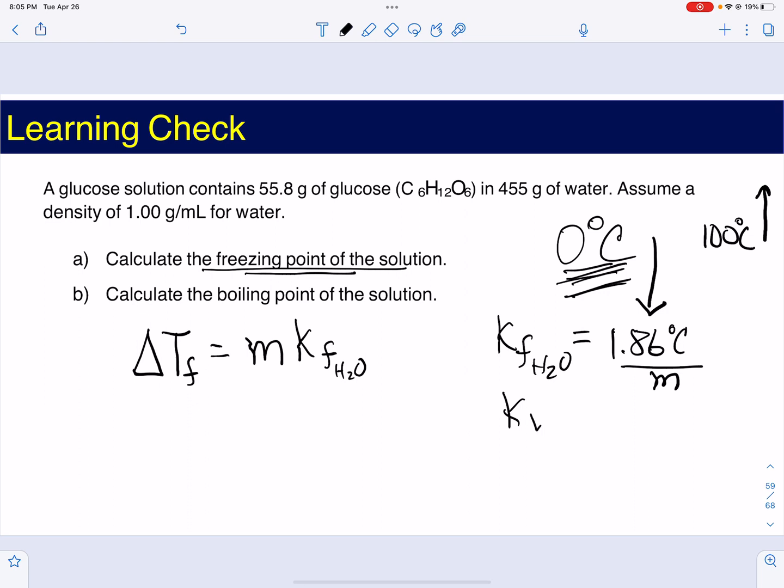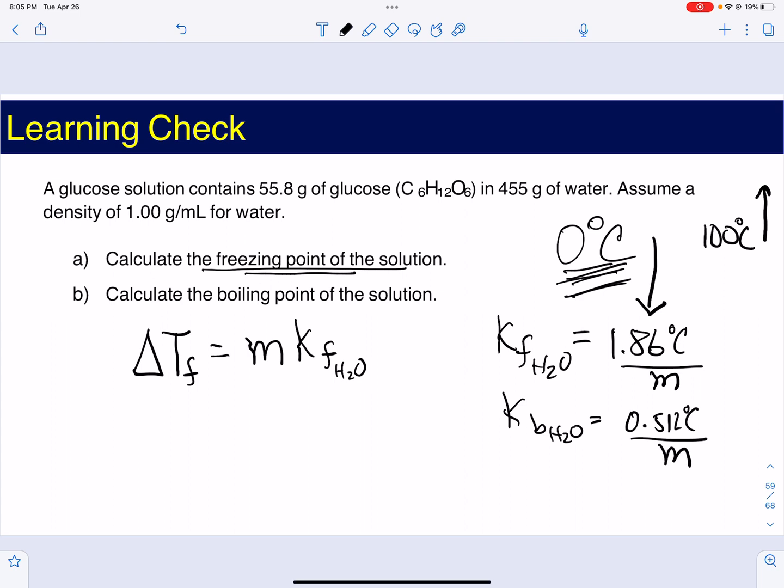Let's find the boiling also. So the constant of boiling for water, that would be KB, and that's going to be 0.512 degrees Celsius over molality.